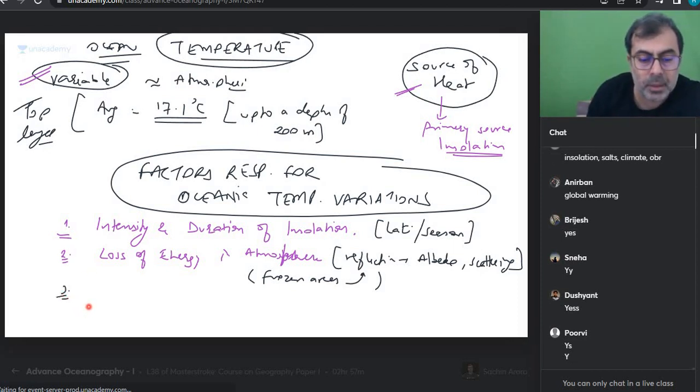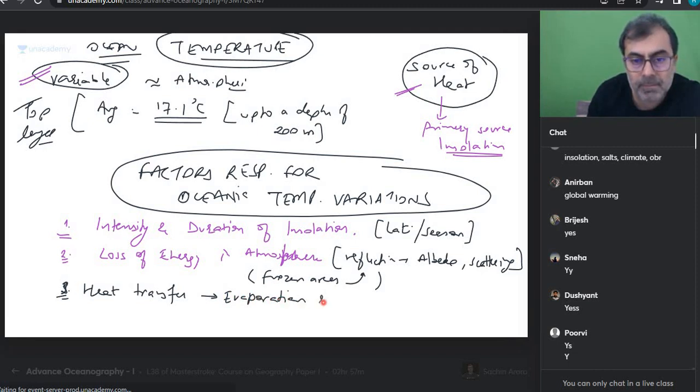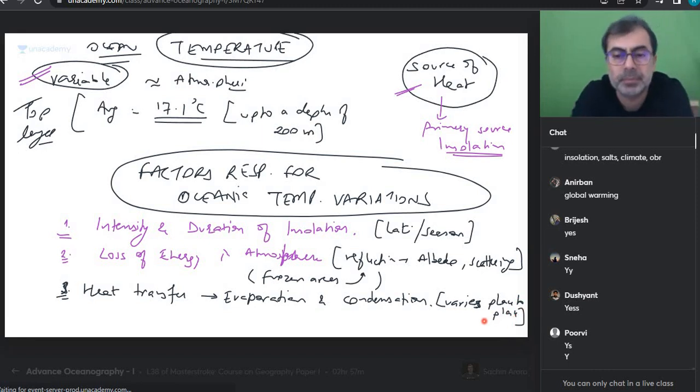Third factor. Heat transfer through the process of evaporation and condensation varies from place to place. Is everyone okay? Heat transfer, evaporation, condensation varies from place to place. Sir, evaporation I understand.